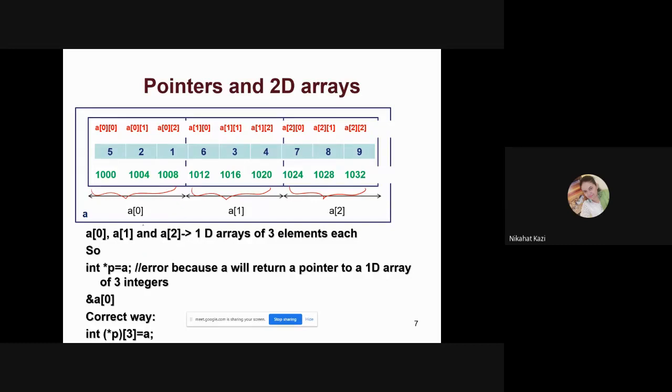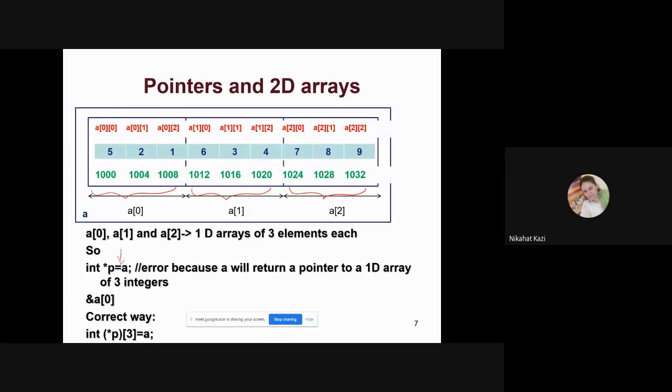The name of the first 1D array is A[0]. The name of the second 1D array is A[1]. The name of the third 1D array is A[2]. Okay. So if I want to have a pointer which points to this 2D array, I cannot write something like this.